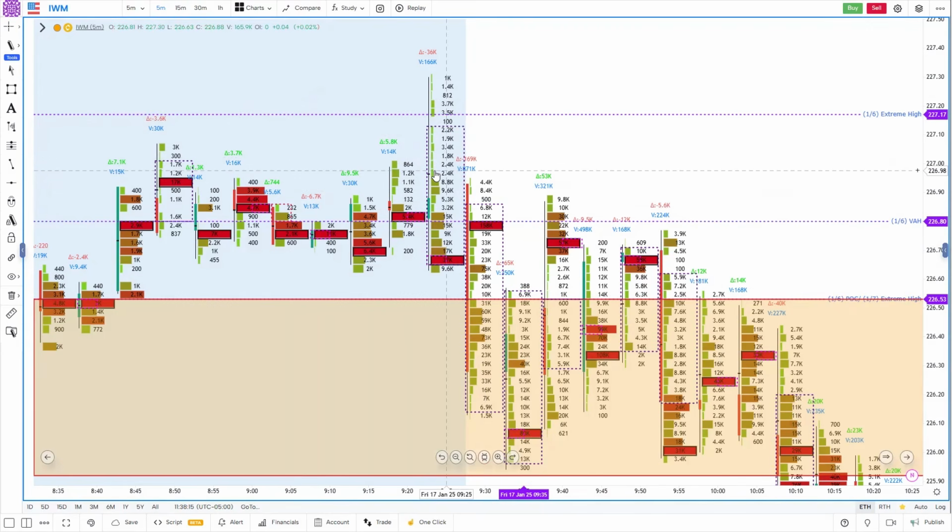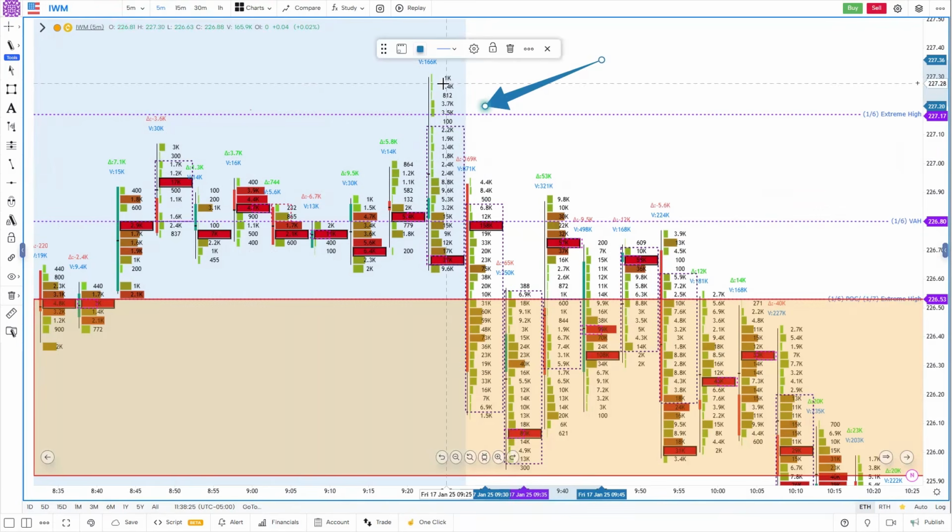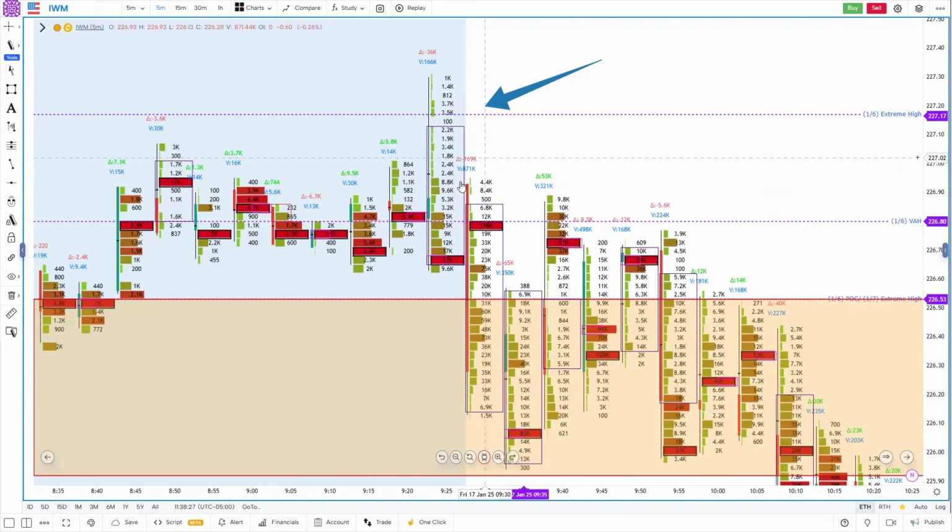A lot of times you won't get a clue, but Friday actually gave you a clue right before the market opened. This candle right here gave you a clue right before the market opened. As we go up, we're going to the 226.90s, 227 price tag, 227.10, 227.20, almost 227.30.